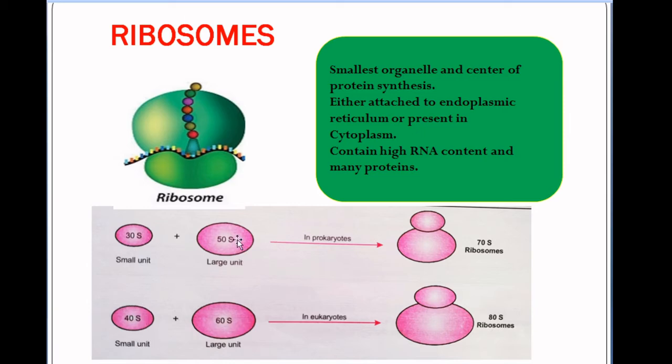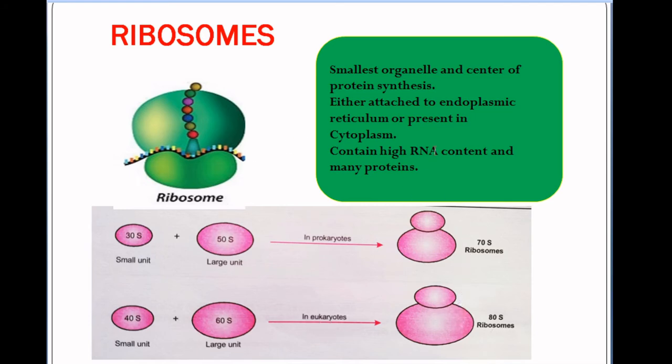Don't get confused and think that if we add 30 and 50 we get 80. This S indicates the sedimentation coefficient, and it has nothing to do with addition. In prokaryotes it is 70S, and in eukaryotes it is 80S.